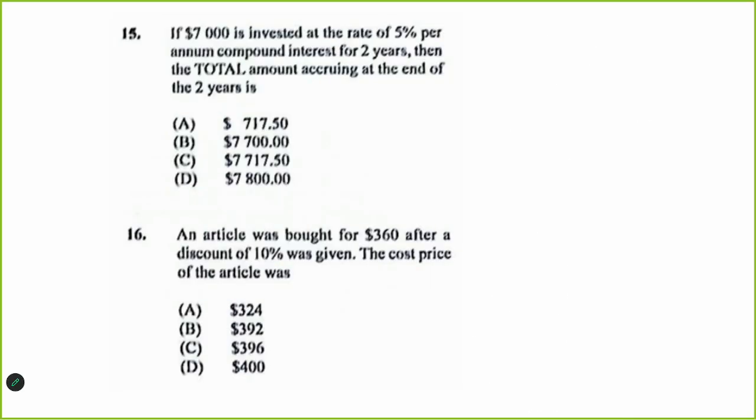Number 15, if 7,000 is invested at a rate of 5% per annum, compound interest for 2 years, then the total amount accruing at the end of 2 years is, so compound interest, there is a formula for compound interest, but it's to the power of the number of years, so we won't use that.